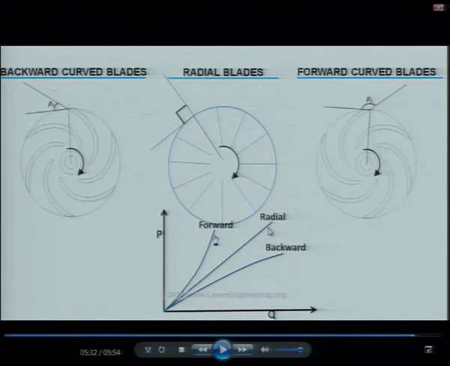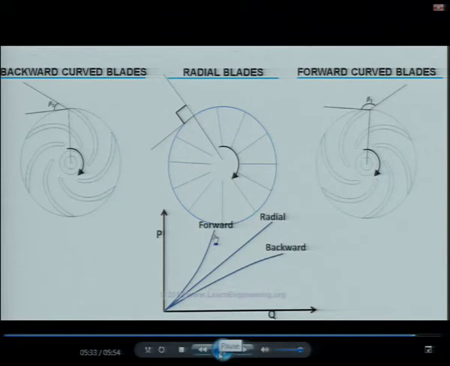In the case of backward curved vanes, because there is a decrease of head with increase in flow rate, the head into discharge product will go to a saturating trend, that is this. In the other case, where as the flow rate increases, the pressure rise increases, the product will show an exponential increase. That's the point being made.